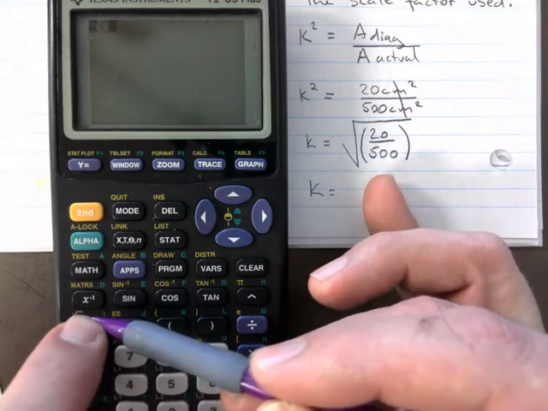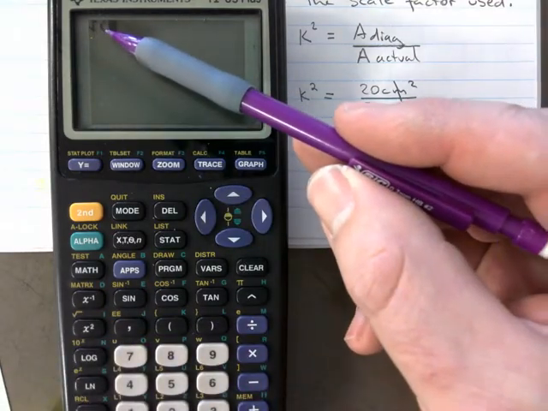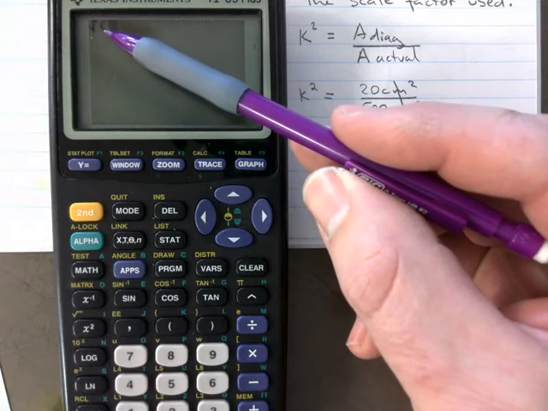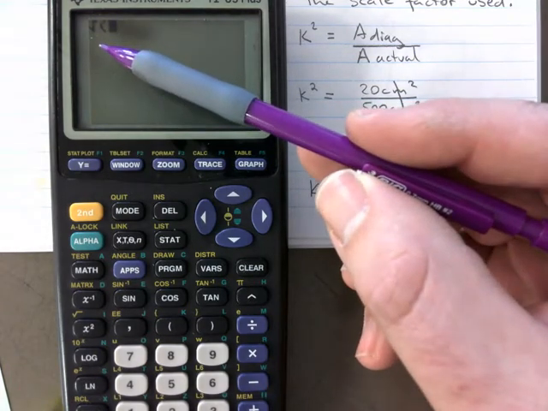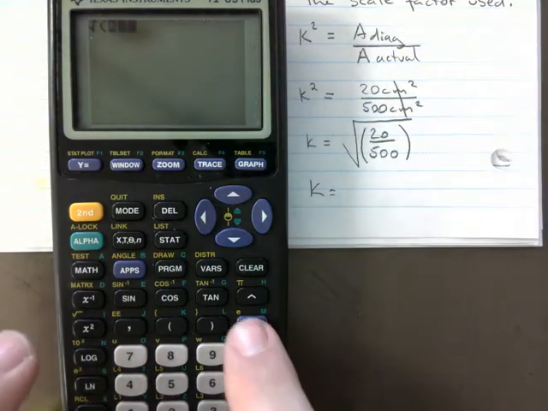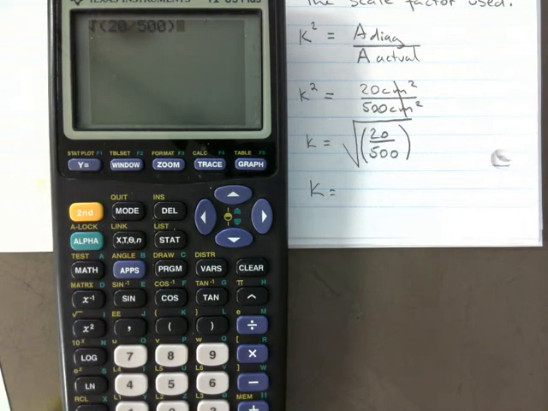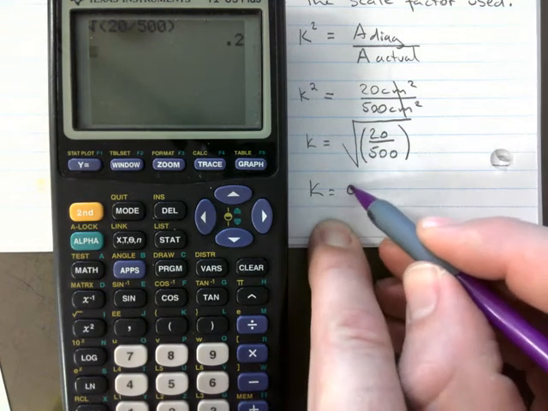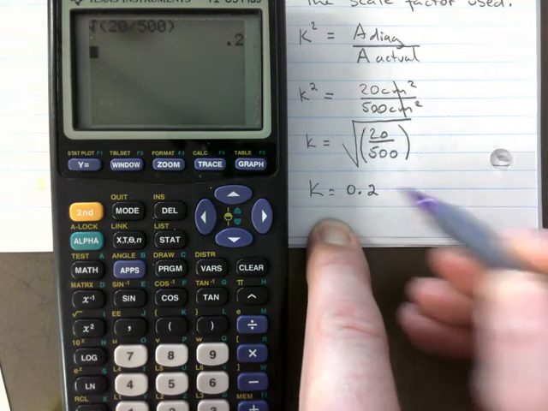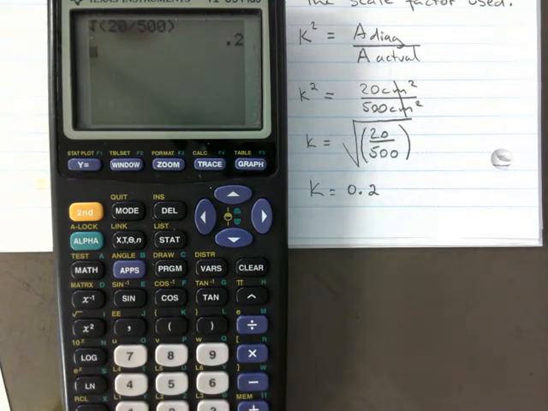So second that, and on your screen you should see a square root. And it already opens the brackets. And then you just go ahead, in this case, 20 divided by 500. Close the brackets and hit enter. And you get 0.2. That is your scale factor.